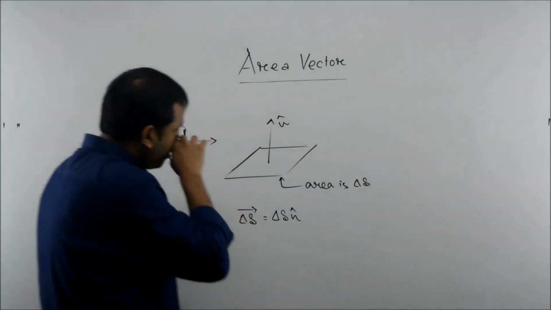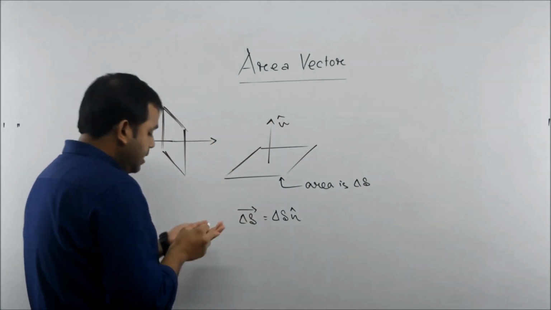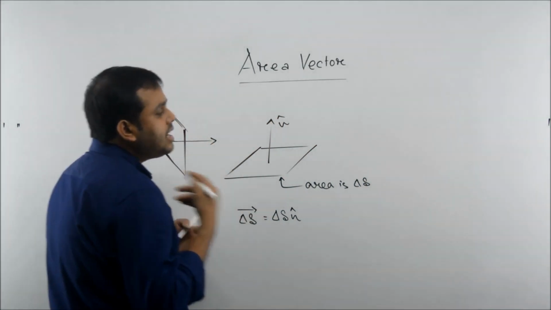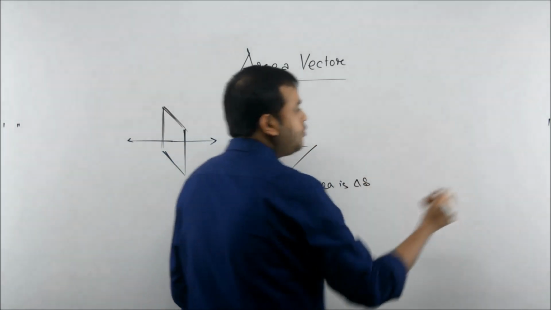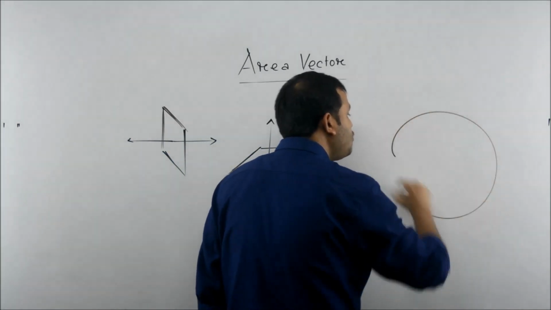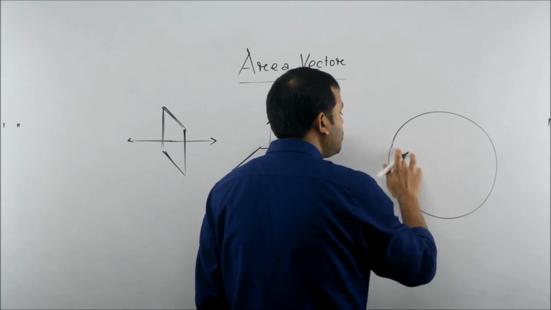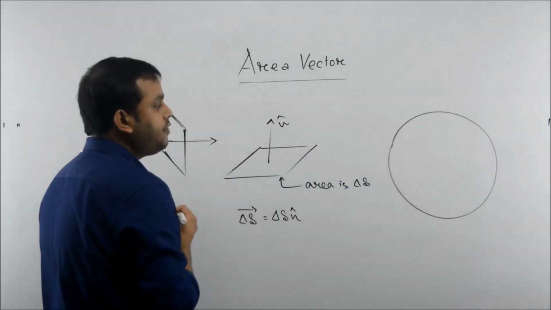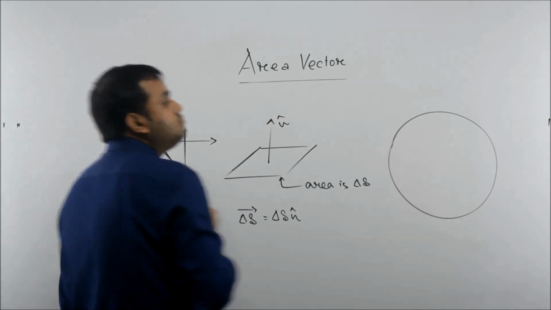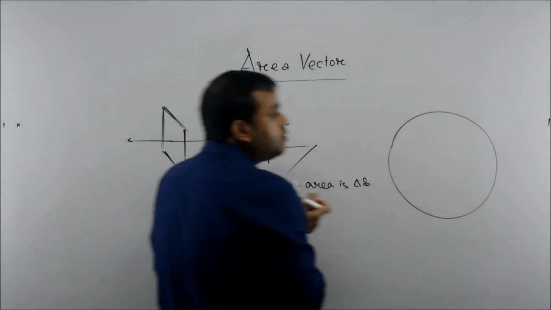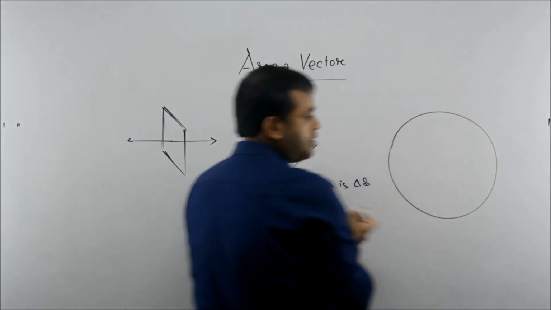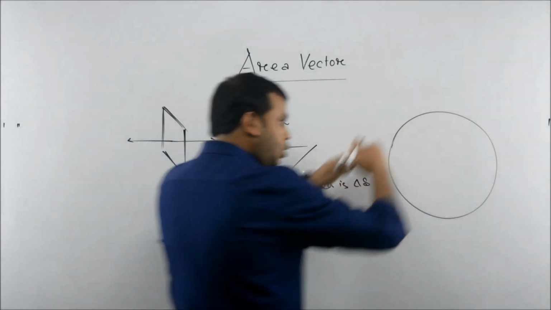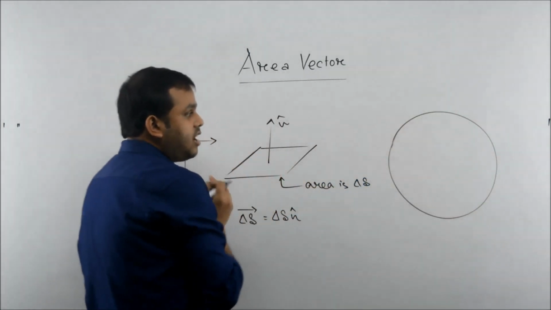Now let us take a closed surface, for example, a sphere. This is a closed surface. Now this sphere is closed as well as it is curved.